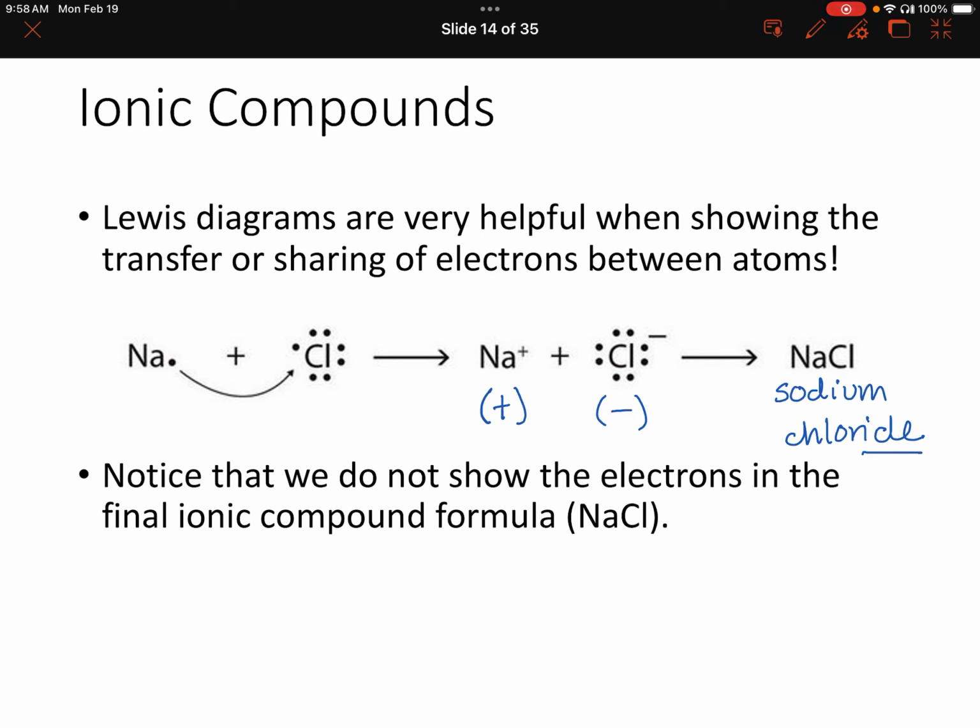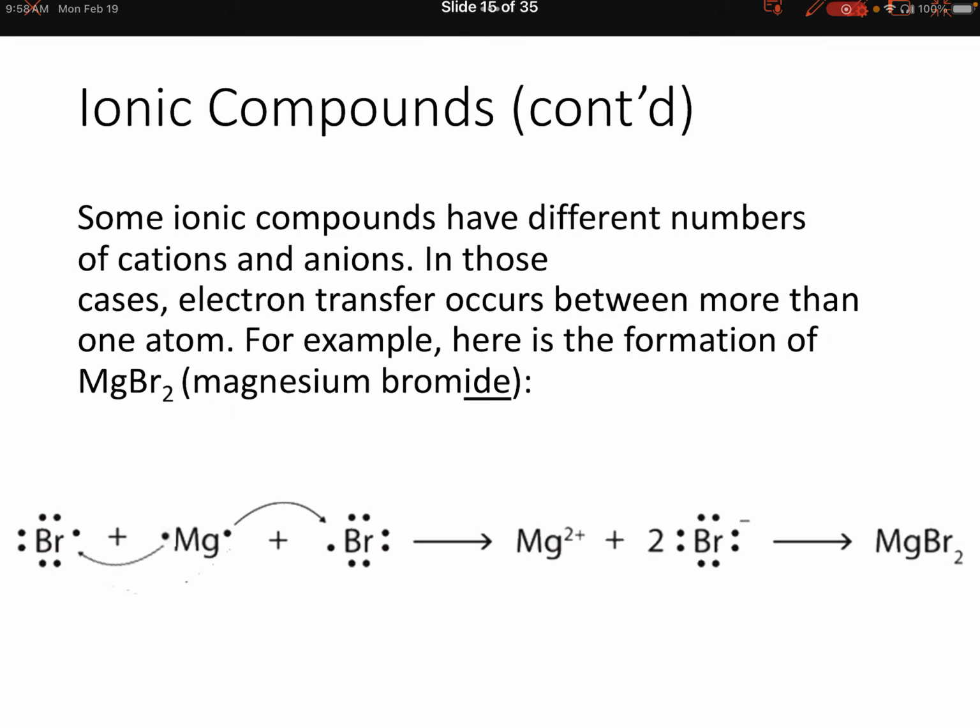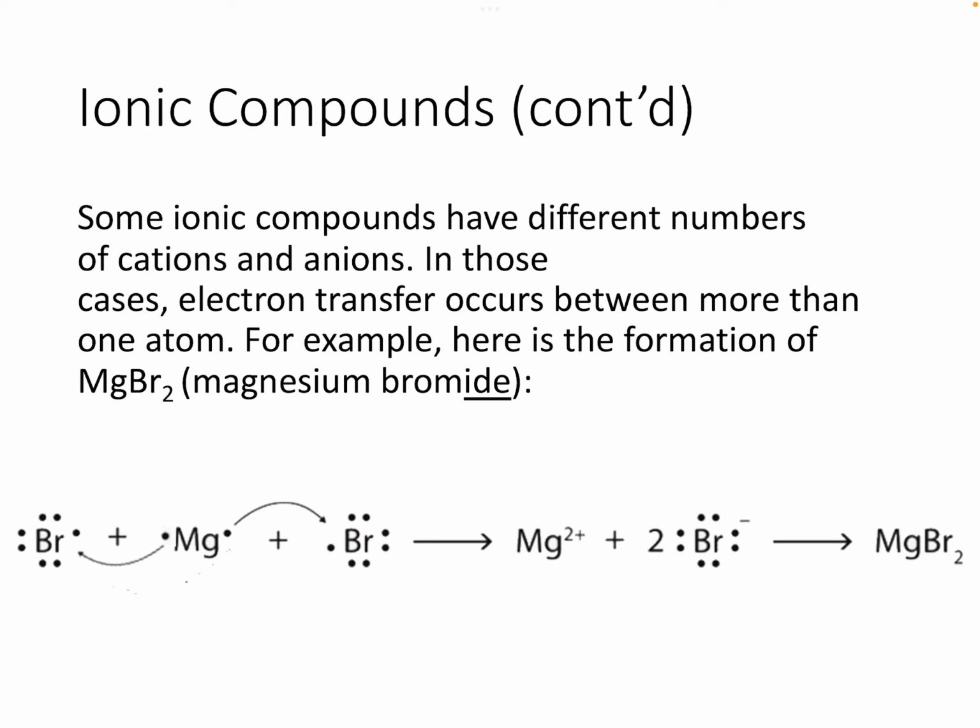Okay, so let's look at a case where maybe the charges don't match up between the ions. What do we do then? So some ionic compounds have different numbers of cations and anions in order for the positives and the negatives to match. So in those cases, electron transfer occurs between more than one atom. So for example, down below we have magnesium and bromine.